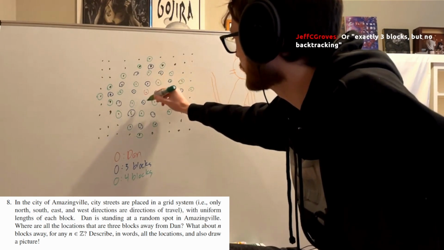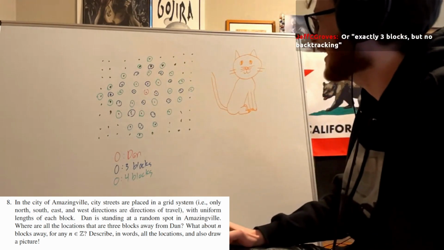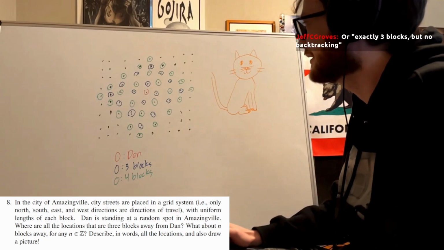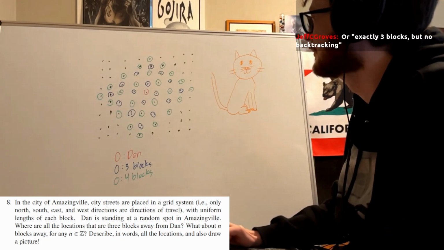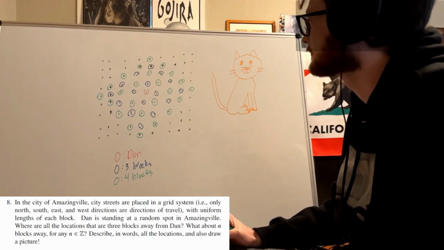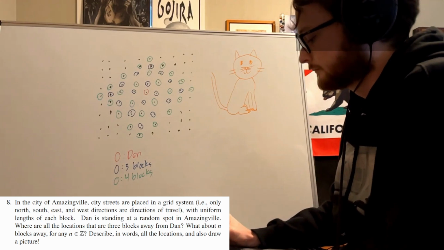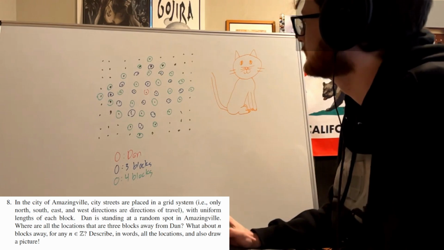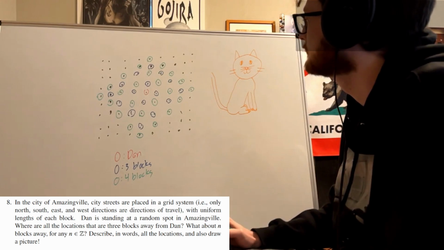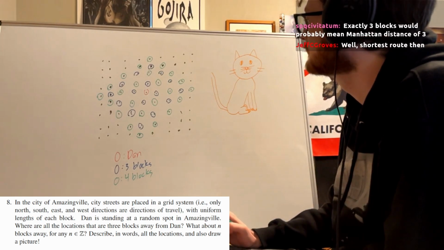I did do down, right, then up. I don't think that's technically backtracking, even though it's an inefficient route.